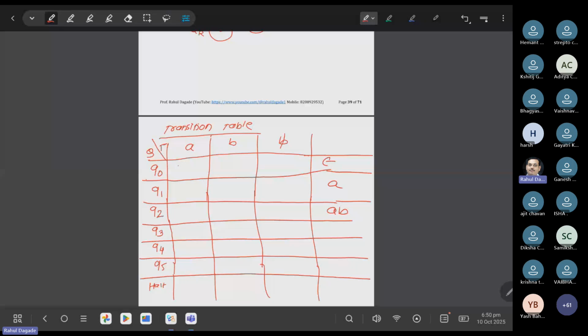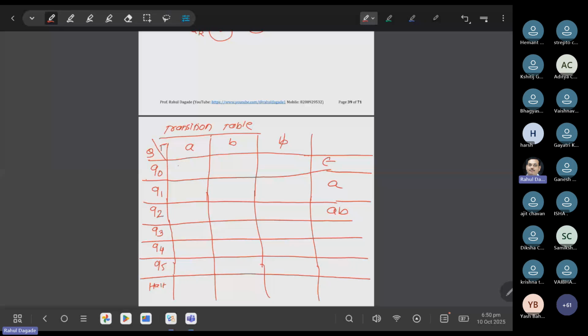So Q3 left, and what is Q3 doing? For A, it is converting into B and coming to Q4 state. Q3 state will not get B, it will not get blank, so dash dash.